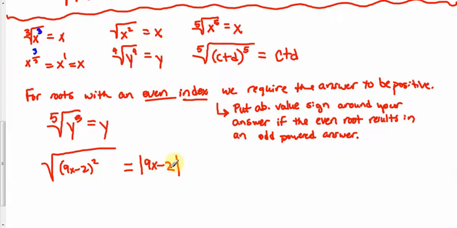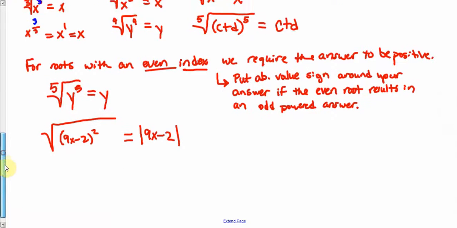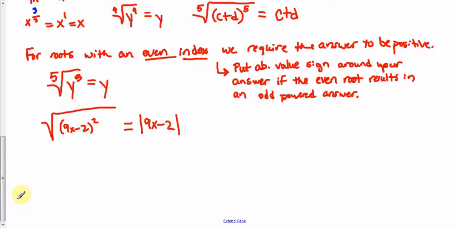But if it's 9x minus 2 to the 3rd, you would have to put bars around it. So if you start with an even root and you end up with an odd-powered answer, you have to put absolute value bars around it. That's one of those little nitpicky things that some teachers don't really talk about, but at this level you need to know when to do that.